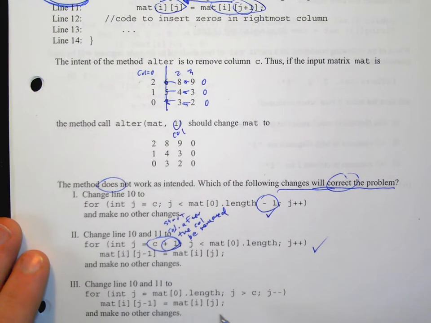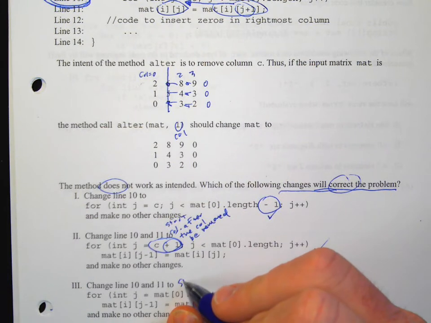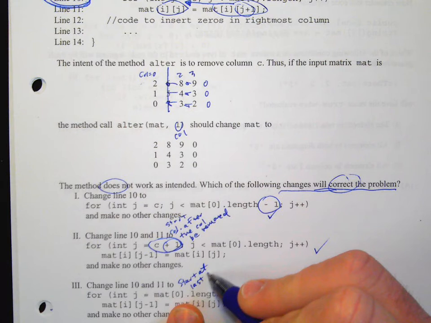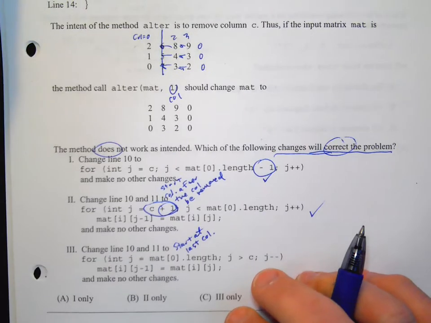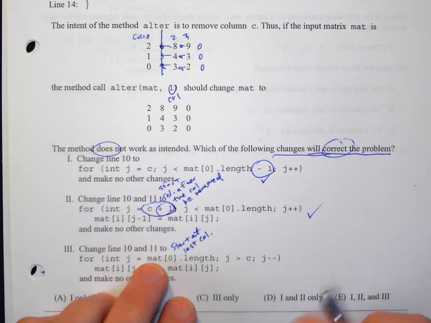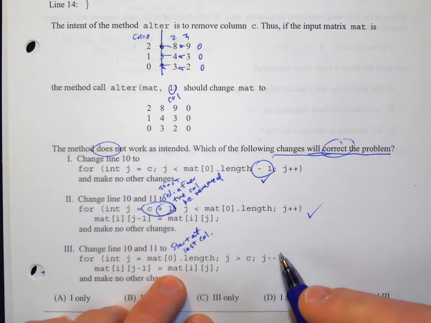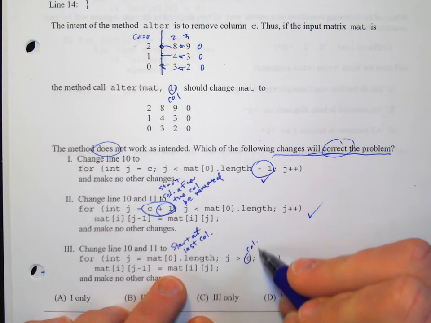10, 11. This one, what are they doing? They're saying start at the end, start at the last column. And some of you guys have done this before in your code. Kind of go through, traverse the matrix backwards, start at the end, and then decrement. So start the last column and go backwards. As long as J is bigger than C, this is the column to be removed.